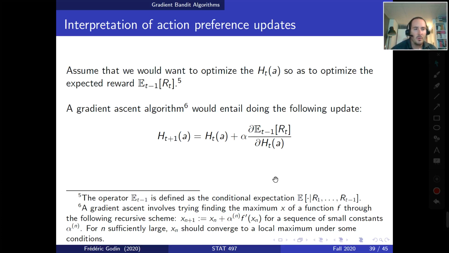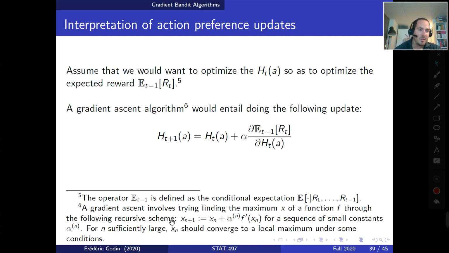You find a sequence of points where hopefully every time you obtain a new point in that sequence, the value of your function is higher until you reach the maximum value.